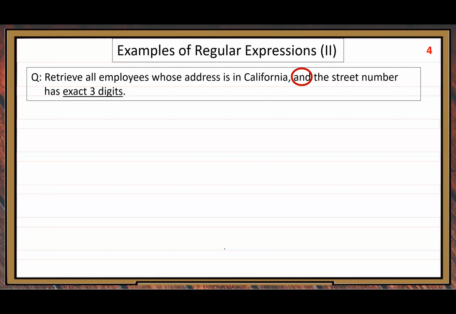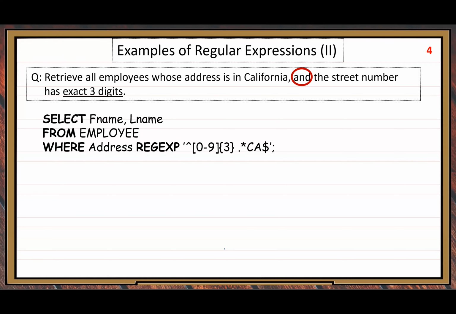So let's do it here. We only need to focus on the regular expression pattern description part, right? Let's try to understand. First, this character, we know, matches the beginning of the string, right?